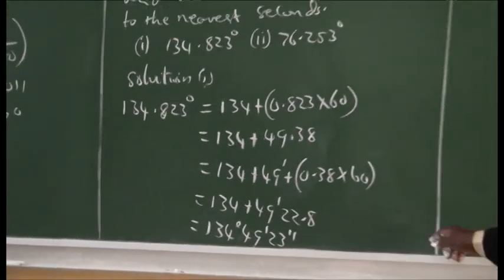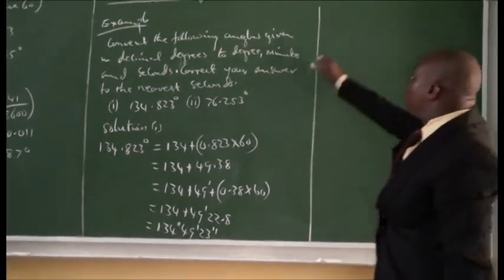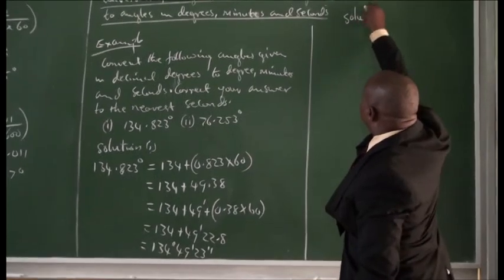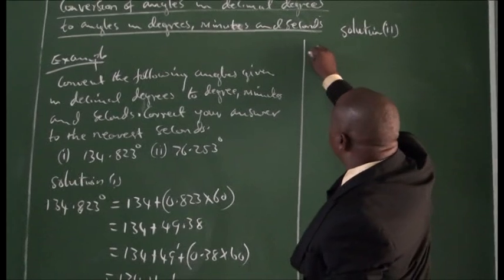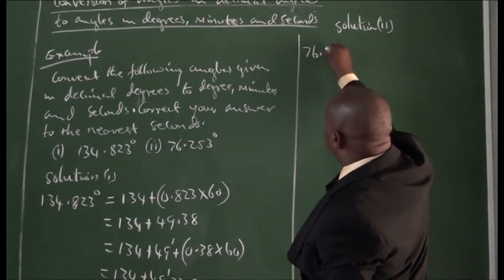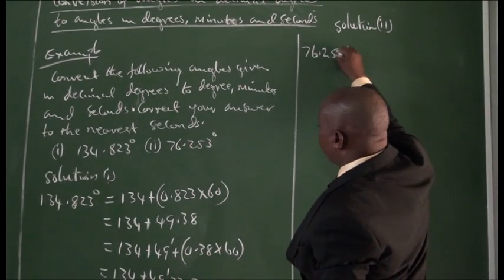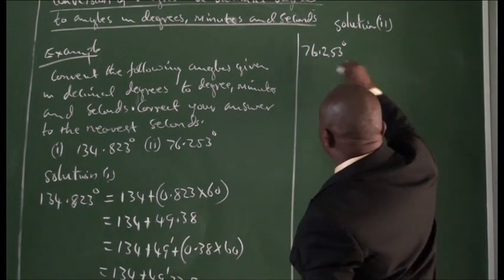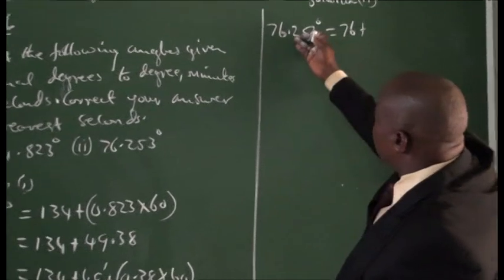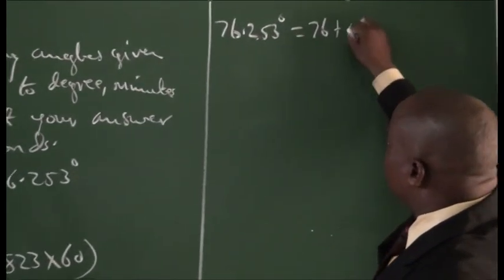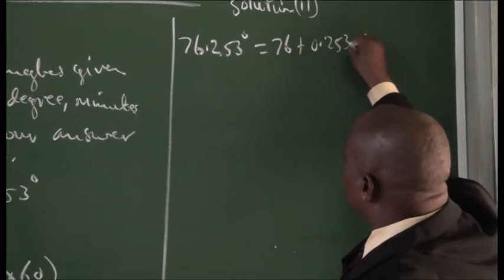I'd like to take the second one. We have 76.253 degrees. It will be the same as 76 plus the decimal part, which is 0.253 times 60.